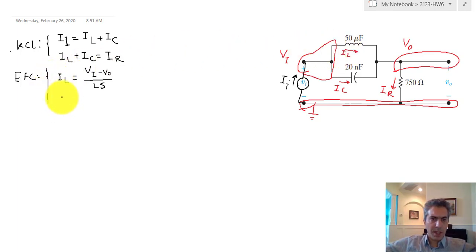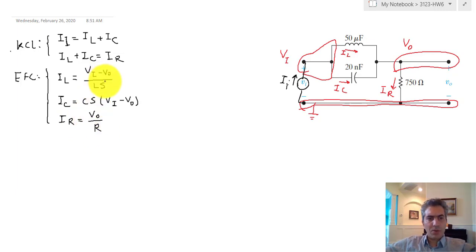And for the capacitor, IC is equal to CS times VI minus V out. It's the same as saying VI minus V out over 1 over CS, which is the impedance of the capacitor. Then finally for the resistor, IR is equal to V out over R.